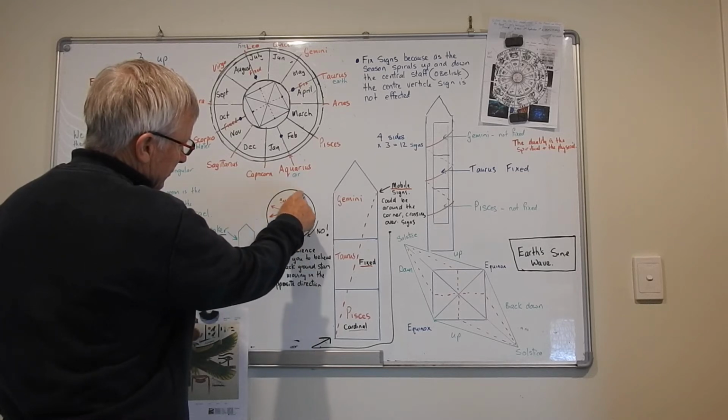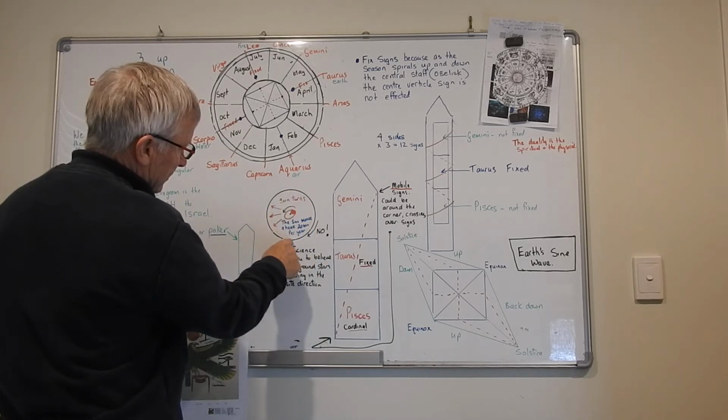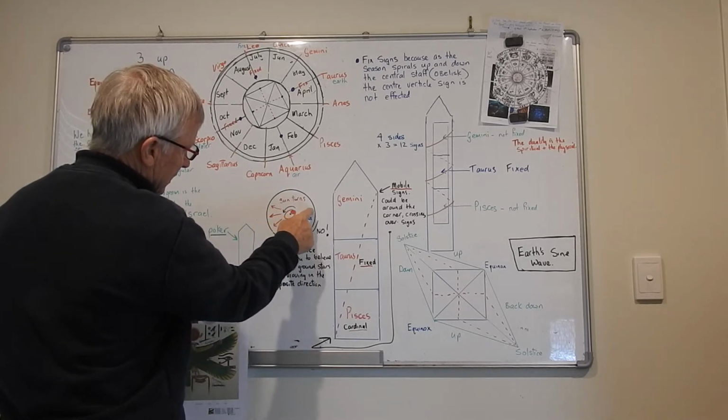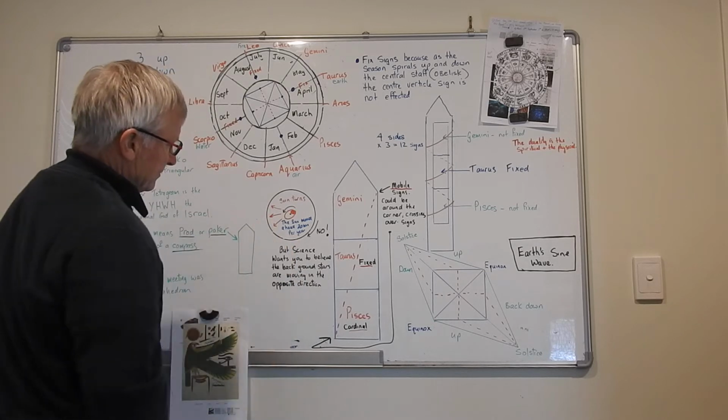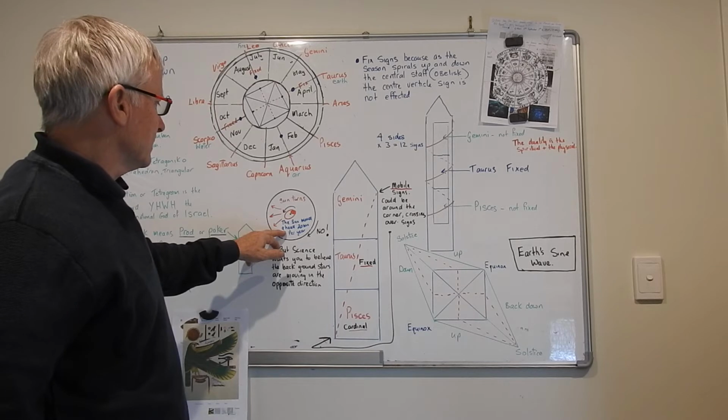So science thinks that the stars are going this way. Now think about it. It's turning that way, and they think it's stationary. They're going to think the stars are going to go the opposite direction. The sun moves ahead 20 minutes per year.